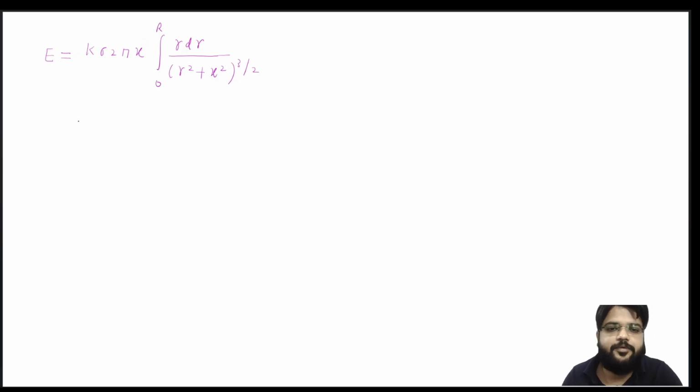Okay, let's see the next slide, everyone. So now directly we can't do this integration here, correct? So we have to take one substitution here. We are assuming r square plus x square equal to u.